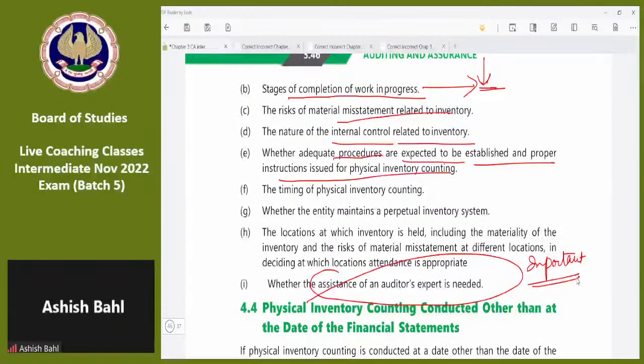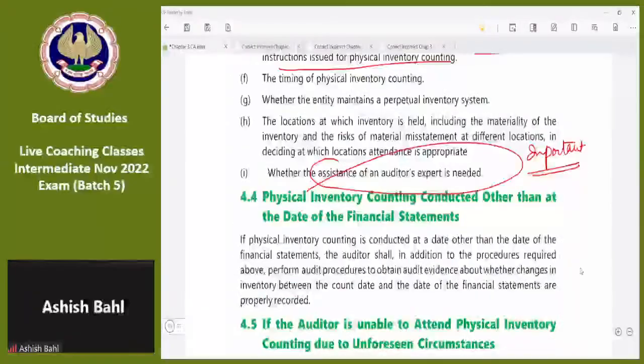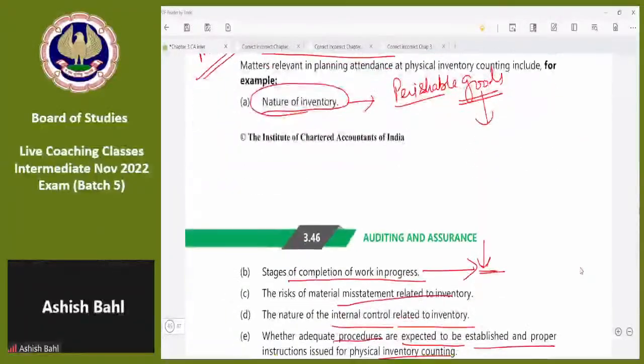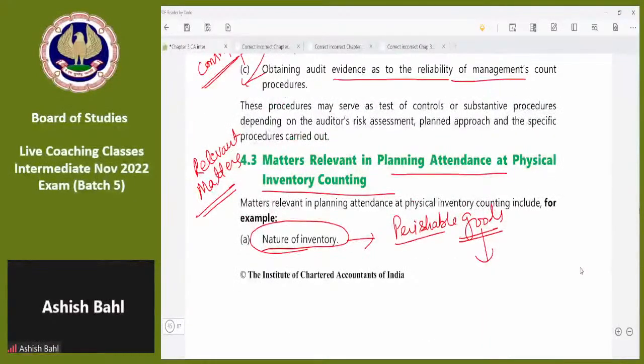He would first evaluate whether some expert opinion is required. So these are the factors, students, which are to be kept in mind by the auditor while planning attendance at physical inventory counting, before he physically attends the counting process. Is that clear to you guys?